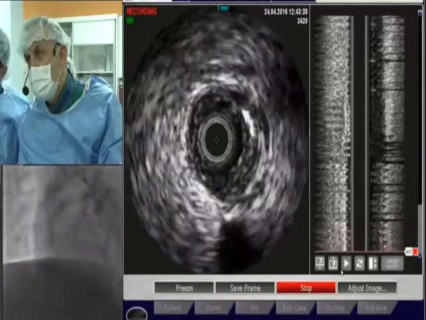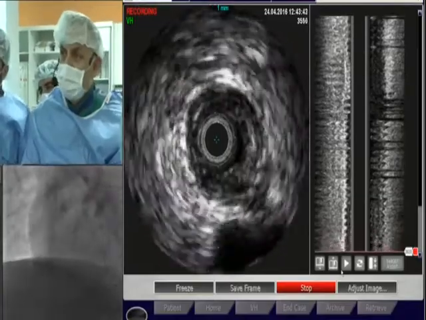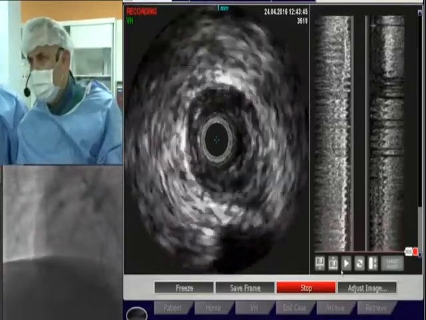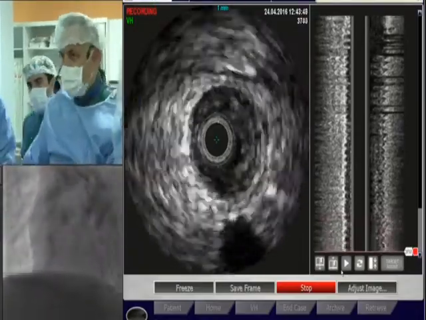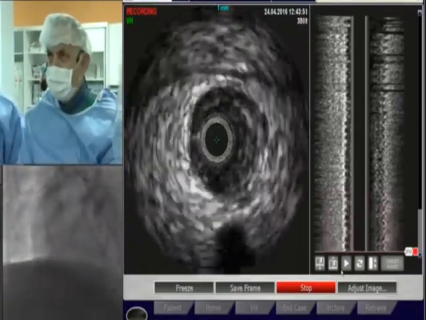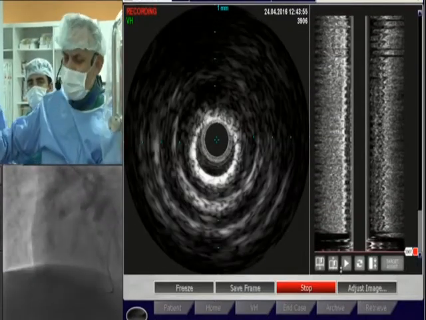And here, I'm in the true lumen. Okay, so in the proximal part, the size is 1, 2, 3, 4. So what I want to do is insert a 3-point long stent here, and do post dilatation 3.5 and at the ostium 4.